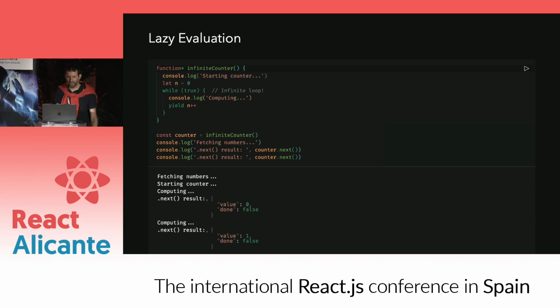And another very interesting power of generators is lazy evaluation. Because look at this code, we have a while true loop, and normally this would freeze your program and starve your thread. But with a generator, doing this is perfectly safe. Why? Well, because yield pauses the execution and passes back control of the execution to the caller.